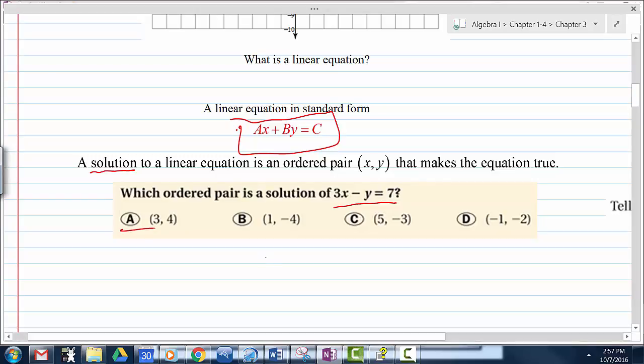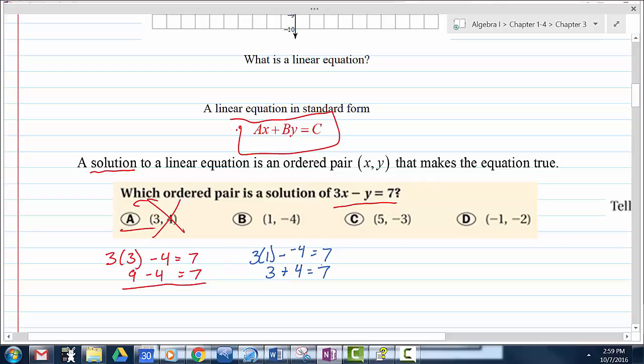Let's find out for a. If I plug in a, obviously you can see it's not true. The reason why is I plugged in 3 for x and 4 for y, and when I plug that into the equation, I ended up with an untrue statement. 9 minus 4 is not 7, so we know it's not that one. What about b?